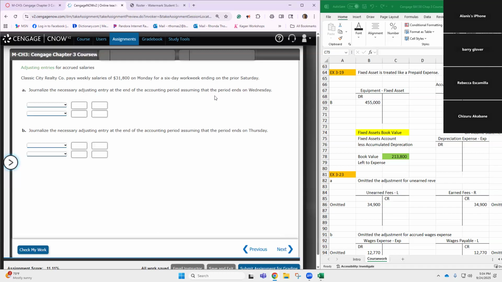Okay, 3 days worth times my amount that I'm getting per day, right? So put that in. Okay, 3 times 5,300. Okay, so yours would only be 1 day's worth. It'd be the daily. Yeah, so just that 1 day's worth, that should be your adjustment. If that isn't how it works out, let me know.